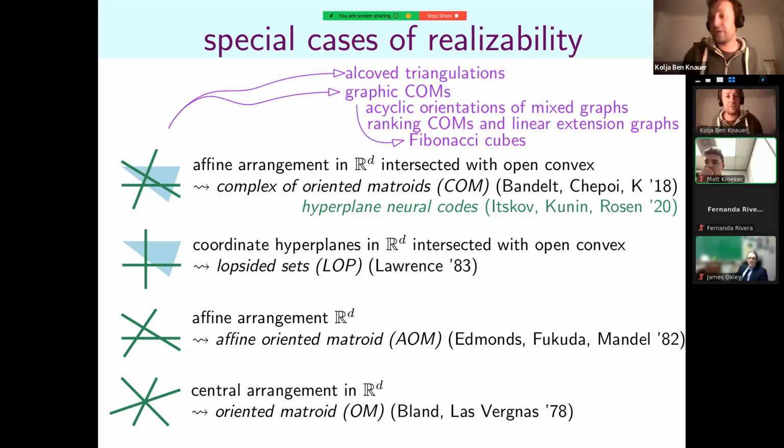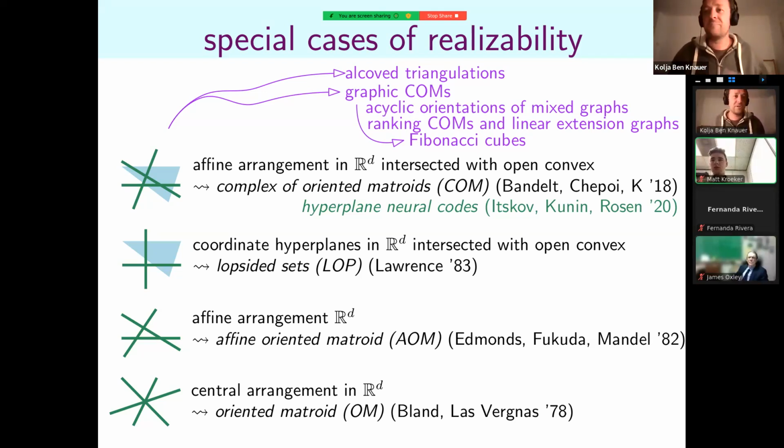And in fact, there are many things that turn out to be captured only by COMs and not by the previous settings. So there are some examples here. Probably some of you know that the acyclic orientations of a graph correspond to the topes of the oriented matroid associated to that graph.